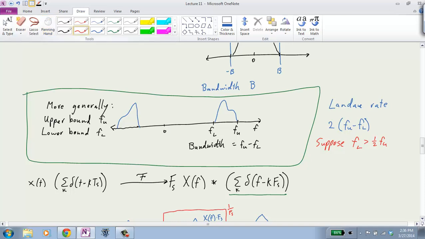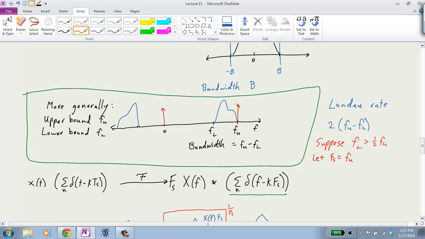Let's just check what happens if I sample. Remember, I'm convolving with delta functions in the frequency domain. So let Fs equal FU. That's not the Nyquist rate, right? The Nyquist rate would be 2 times FU. So we're going below the Nyquist rate.